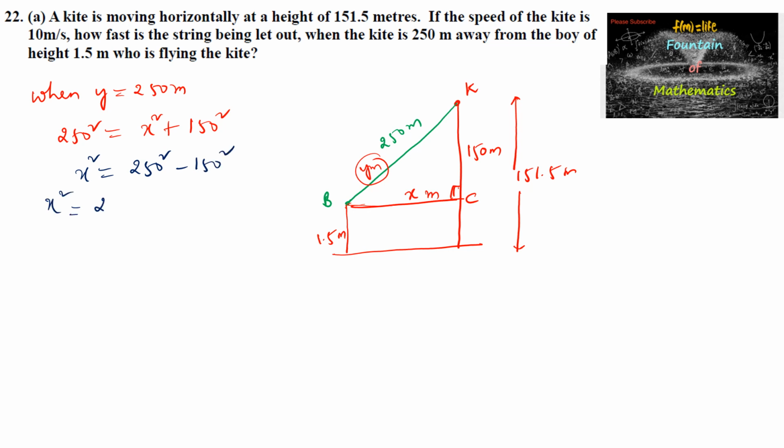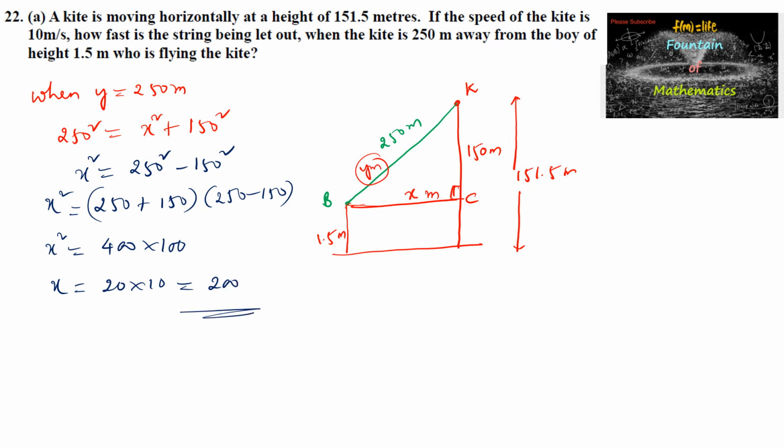That is x square is equal to 250 plus 150 into 250 minus 150. So x square is equal to 400 into 100. That is x is equal to 20 into 10, which is 200. Means when the value of y is 250, the value of x can be taken as 200 meters.